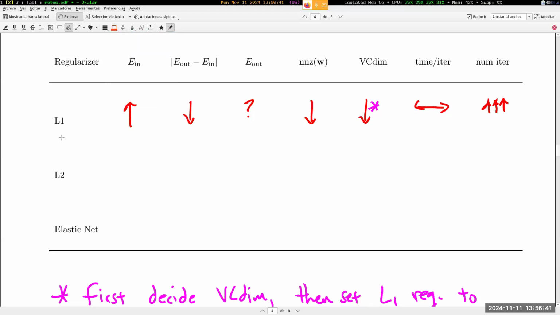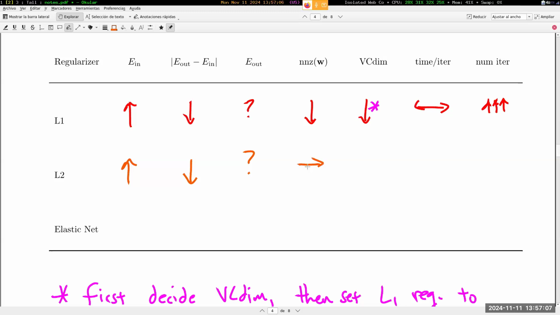L2 regularization has all the same effects as L1 regularization for our in-sample error and generalization error. So going up, going down? As we increase the L2 regularization, we get a subset relationship again. So that makes our in-sample error go up, generalization error go down. How it affects the out-of-sample error depends on which one of these two is the largest.